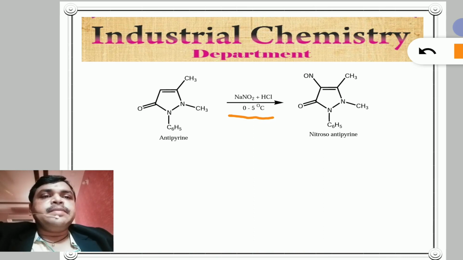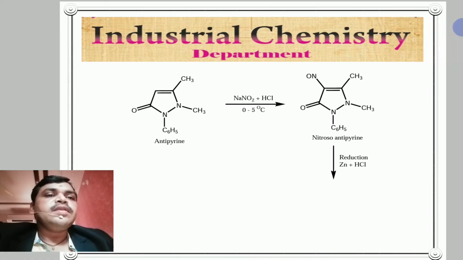From sodium nitrite, NaNO2 gives the nitroso component NO. So nitrosation of antipyrine gives nitroso antipyrine. After this, the product nitroso antipyrine is reacted with zinc plus HCl.